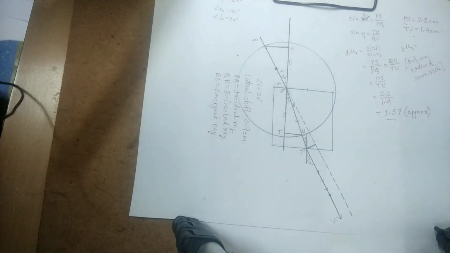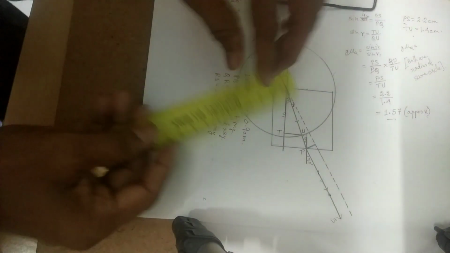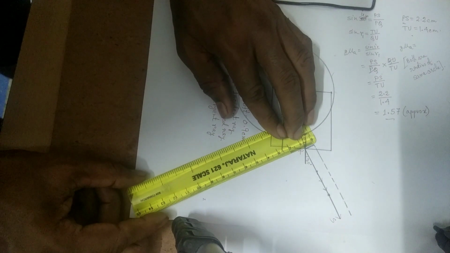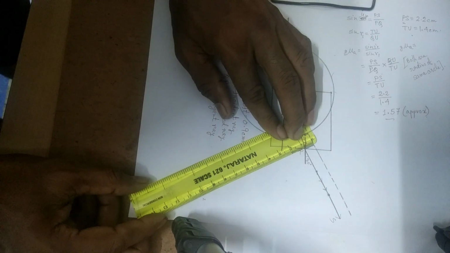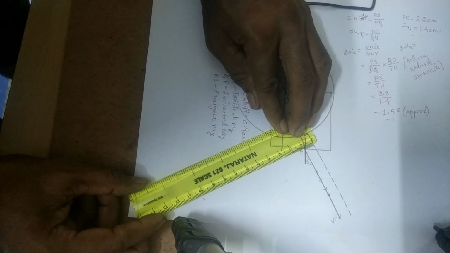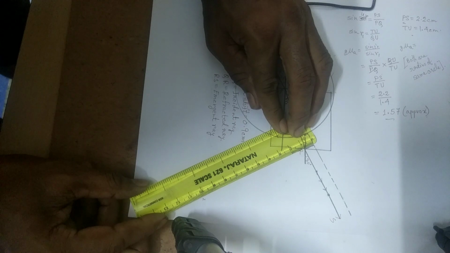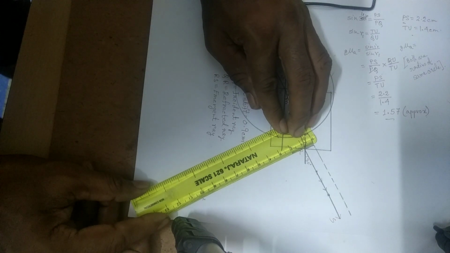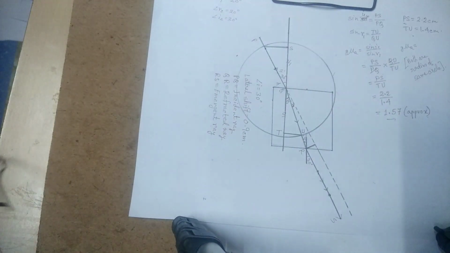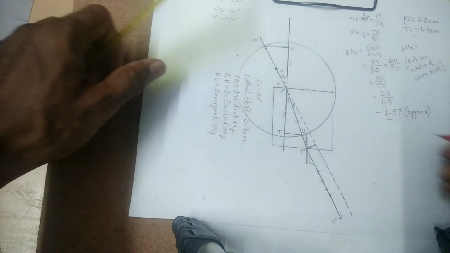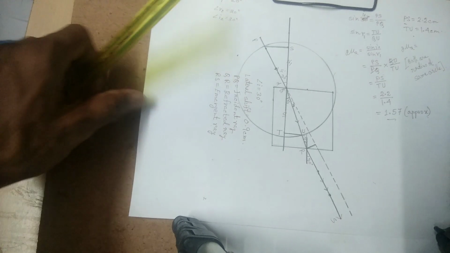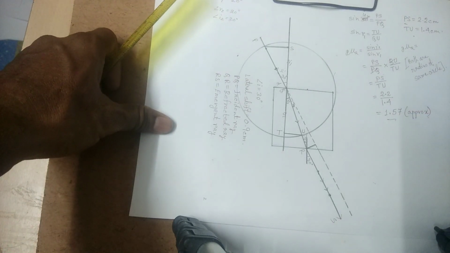Let us measure this distance. The distance is 0.9 centimeter. Right? Therefore, lateral shift we are finding as 0.9 centimeter.